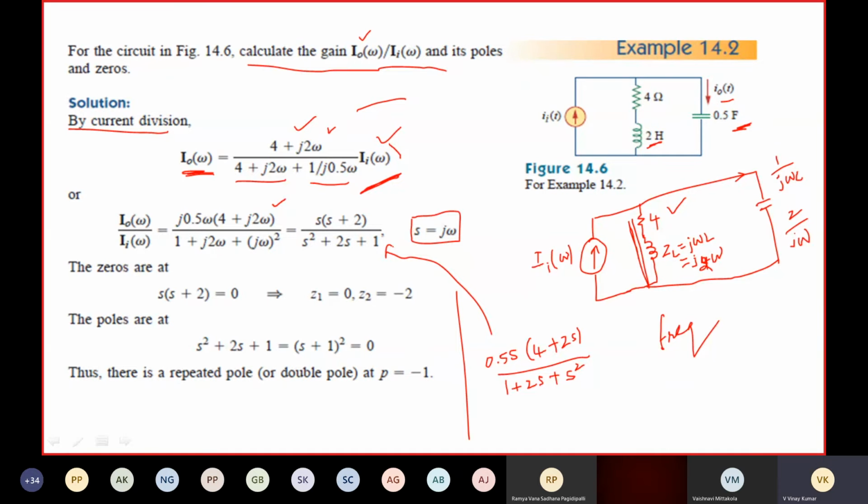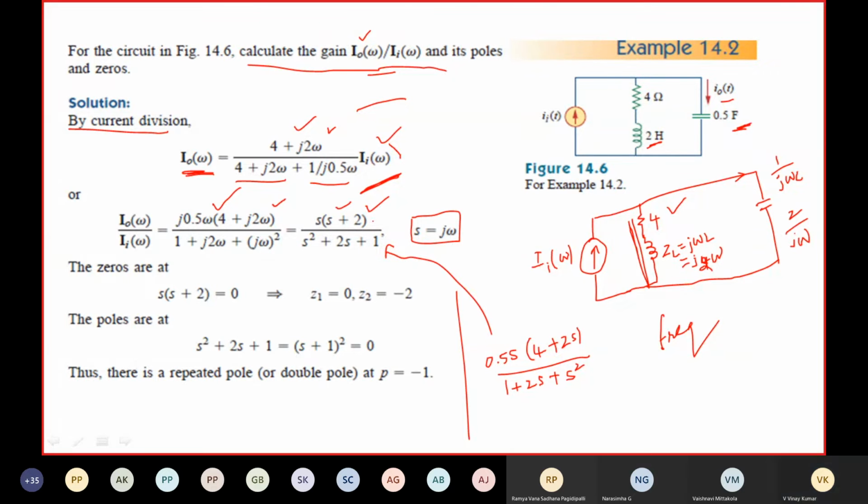You can also say it is the transfer function because it is the ratio of output to input, right? This is in the frequency domain, whereas this is in the s domain. Roughly speaking, both are the same.